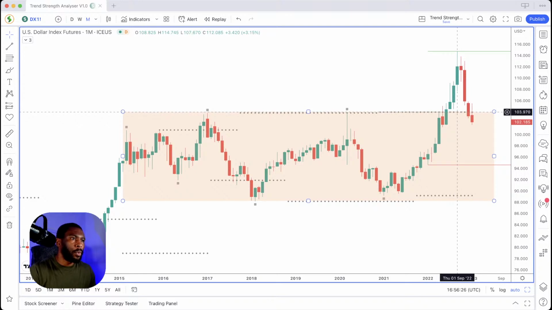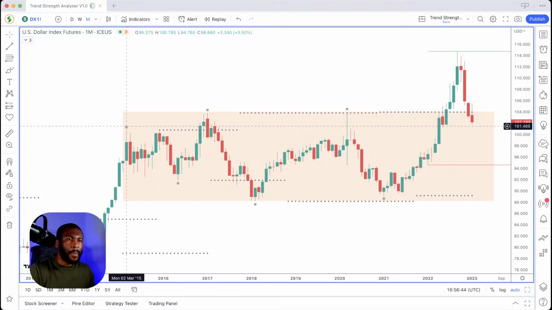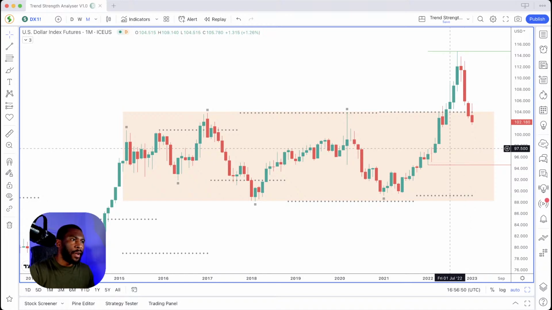So this is the support level, which was previous resistance for this consolidation zone, and it's now resistance again as price has now moved below this level at $103. So the fact that price is back inside consolidation, it may just continue to move sideways as it has been doing since March 2015. Price may just continue to move sideways for several months and potentially over a year.